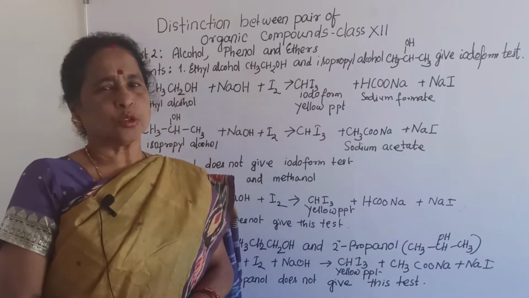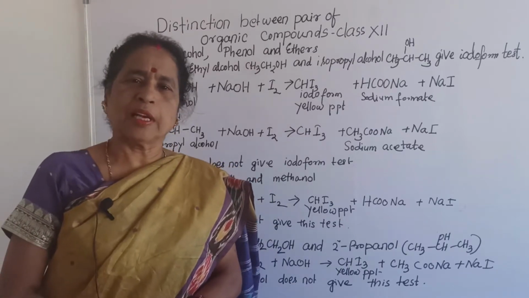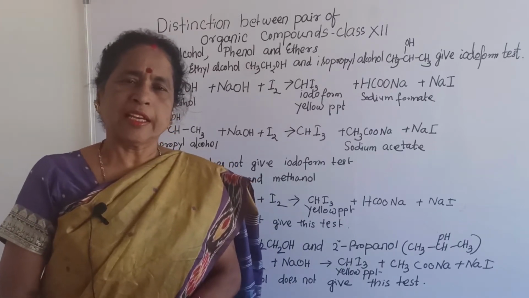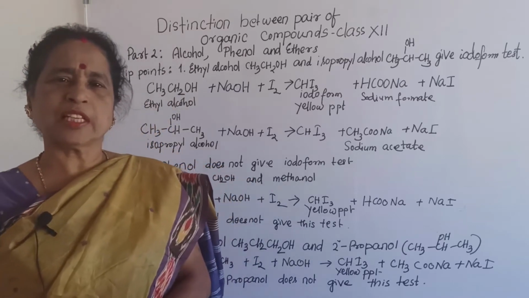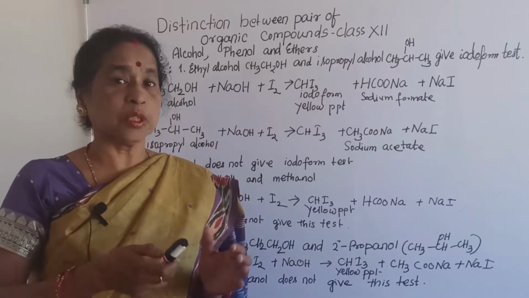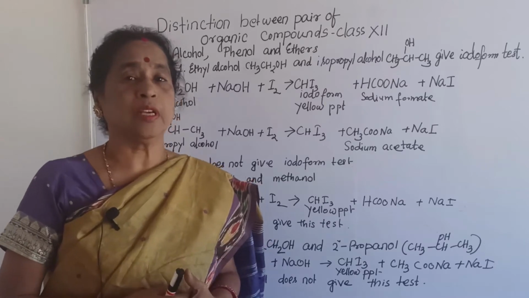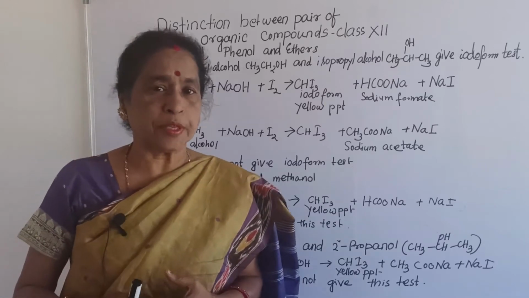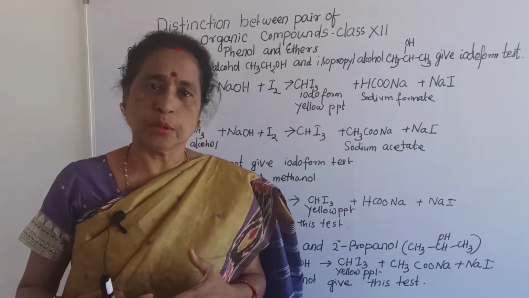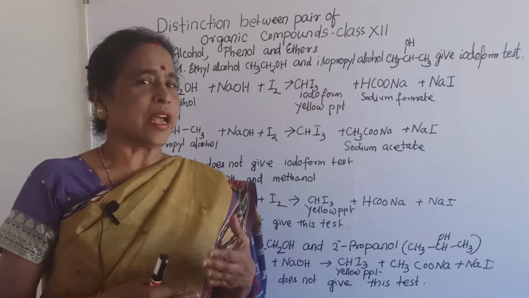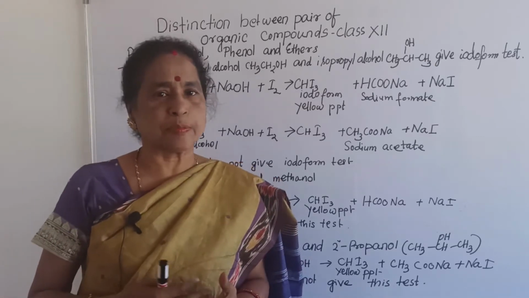Now I told also before in the chapter haloalkanes and haloarenes, in reactions you will observe the most important reactions which can be practically visible by the color of the precipitate, by the color of the solution and by the different type of effervescence if it takes place.